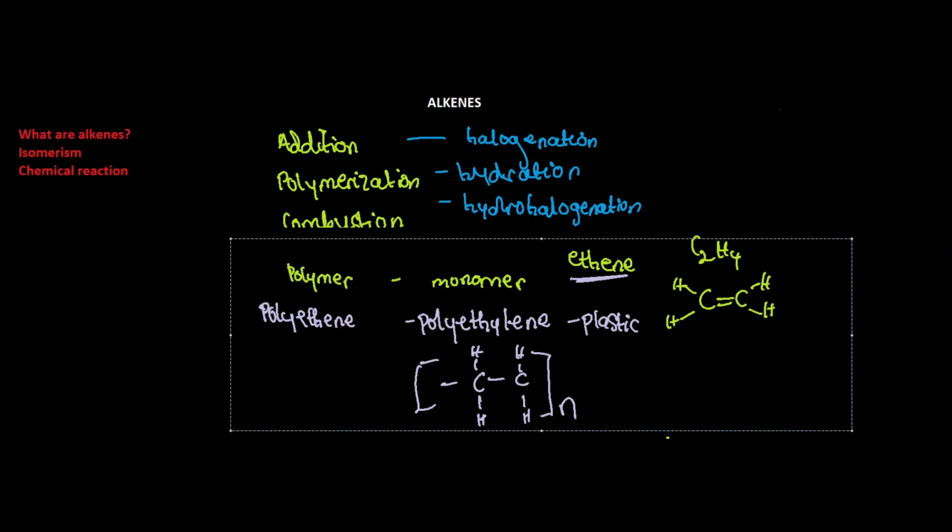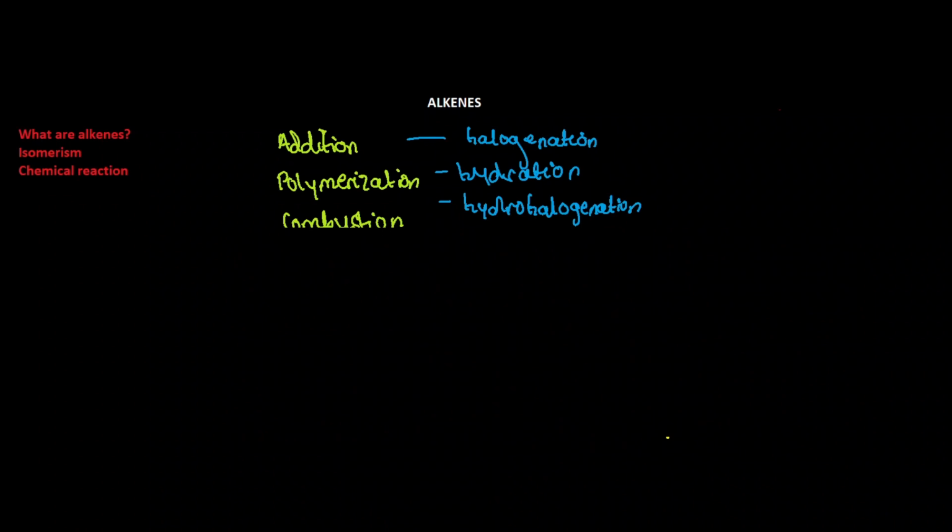Let's move on to combustion. Now, like every other hydrocarbon, alkenes also react with oxygen, or they burn in atmospheric oxygen to produce carbon dioxide and water vapor in the presence of abundant oxygen, or carbon monoxide and water vapor in insufficient oxygen.